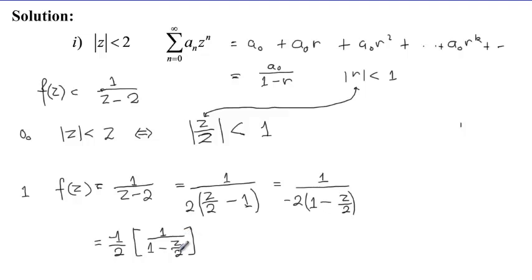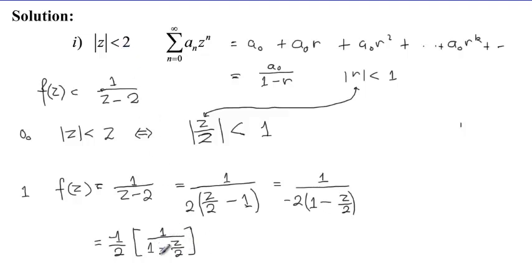It is important at this point that within the brackets here, this process we've carried out has taken us to an expression which is exactly of the same form as the sum of a geometric series where a0 is equal to 1 and our r is z over 2, and satisfies the condition given here.